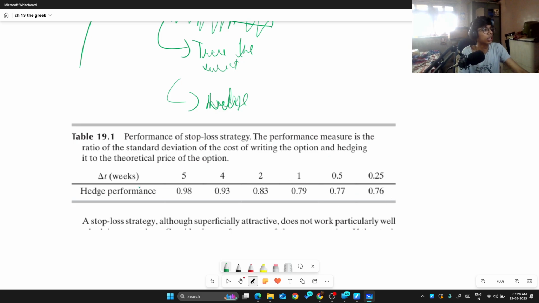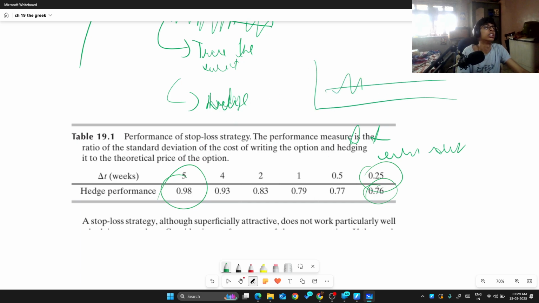The hedging cost is very low if delta time is very small. As the time step increases, the hedging cost also increases, and that is not a good thing, right? Because with more time, the paths tend to be near the strike K more, and that leads to a problem.